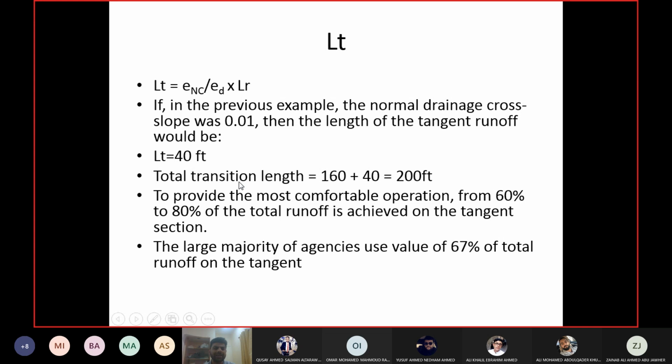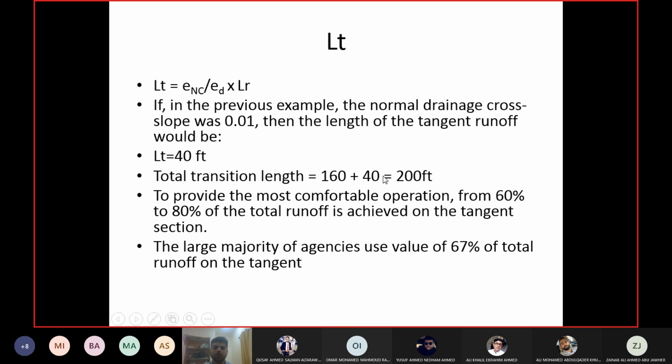So the total length you need to transition from 0.01 to 0.04 full super elevation is 160 plus 40. 160 is LR, and 40 is LT. So 40 feet is required to go from 0.01 to flat, and 160 feet is required to go from flat to 0.04 ED. The total length required to go from normal to full super elevation is 200 feet.